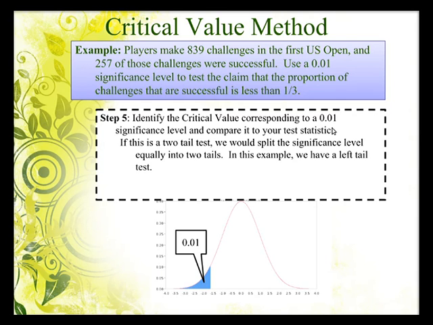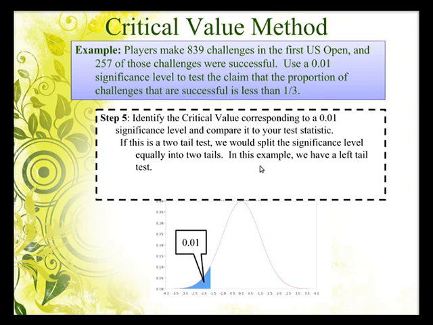Now since this is a left tail test, we're looking for 0.01 to the left. But if this was a right tail test, we'd want to know the z-score that had 0.01 to the right of it. And if this was a two-tail test, we would take that significance level, split it into two tails equally, so 0.005 and 0.005, and then decide what the critical values are that separate those areas.